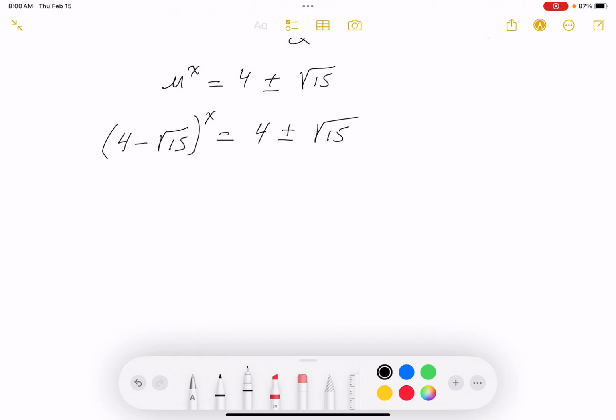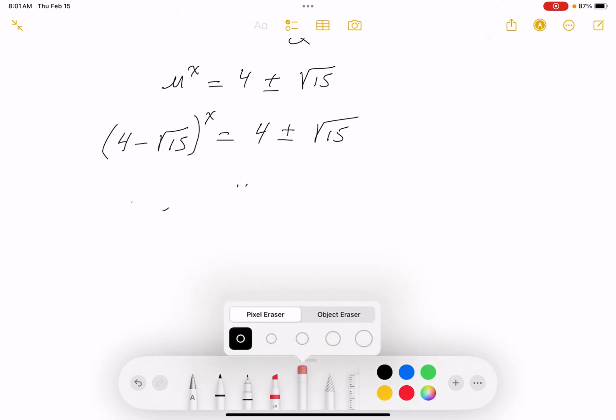I'm going to write two equations down now because I do see two things. I see 4 minus root 15 to the x power is equal to, let's be careful here, 4 minus, oh, you know what? Yeah, I think I did okay. I'm sorry, I made a mistake already. I got to go backwards.